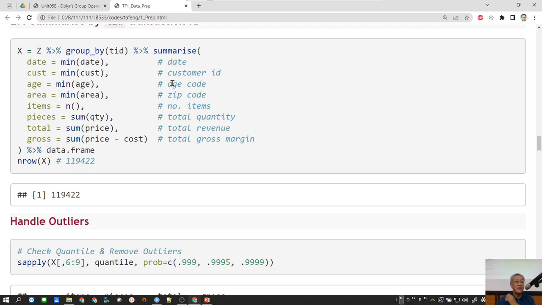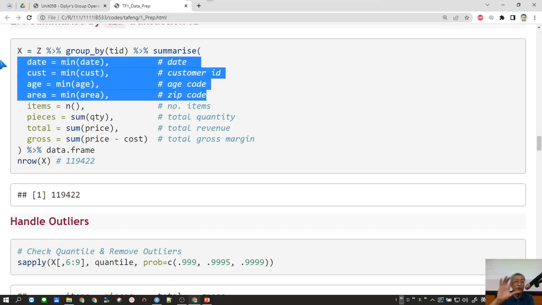Now, date. Because we know that for every TID, there's only one date, and there's only one customer. And that customer should have the area. That is to say, these four columns should remain the same within the transaction.